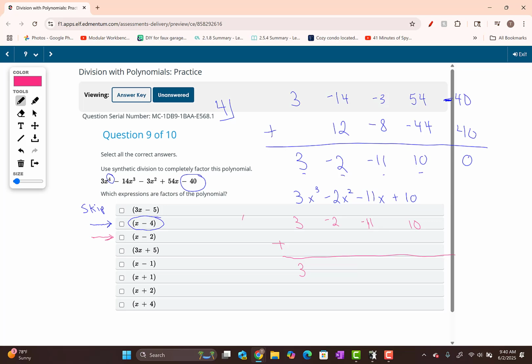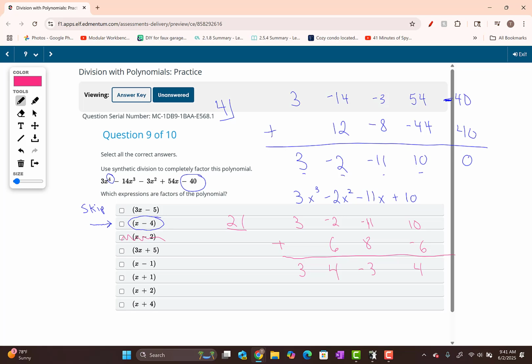And then that 3 gets multiplied by +2, because +2 is a root of x minus 2. 2 times 3 is 6. -2 plus 6 is 4. 2 times 4 is 8. -11 plus 8 is -3. 2 times -3 is -6. 10 minus 6 is 4. Point is, it's not 0. So that means this is not an answer choice.